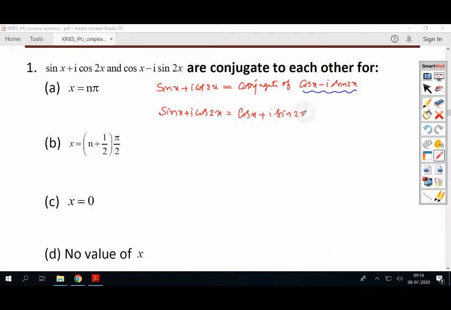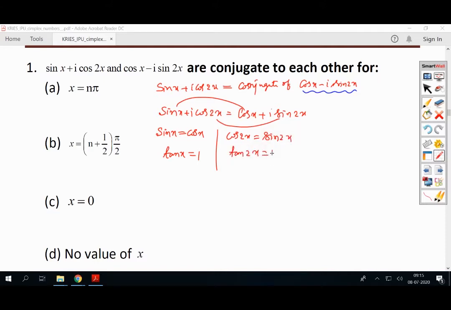Two complex numbers become equal provided the real parts and imaginary parts are equal. So equating the real part, sin x is equal to cos x. From this, tan x is equal to 1, correct? Again, cos 2x is equal to sin 2x. So this gives tan 2x is equal to 1 if you take cos 2x to the other side.